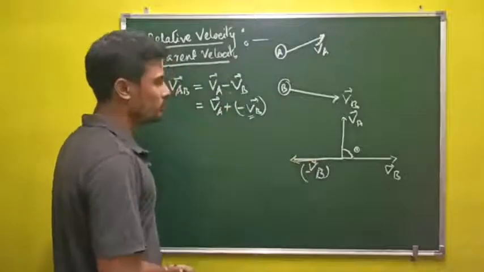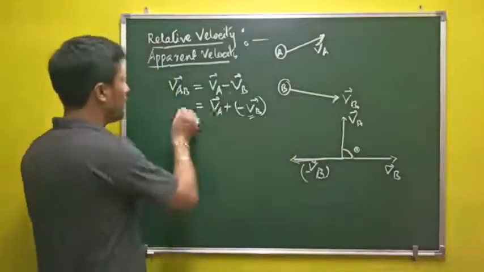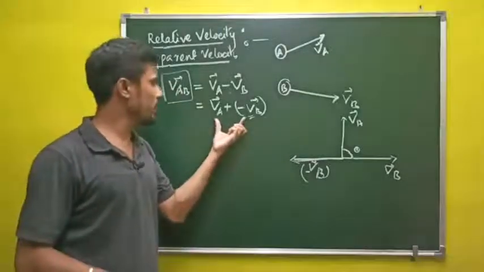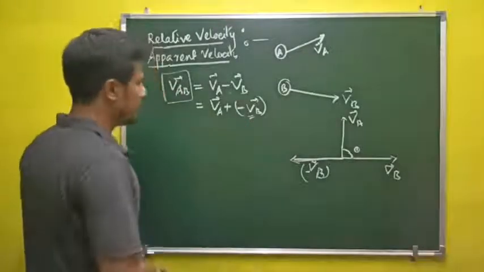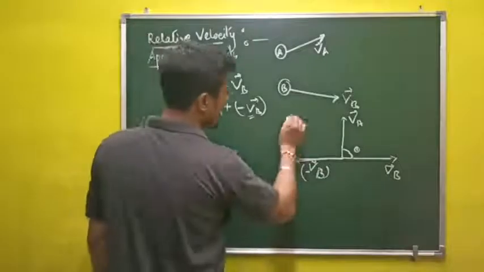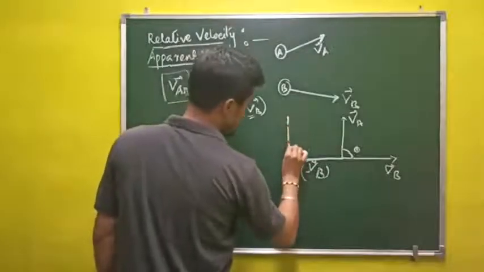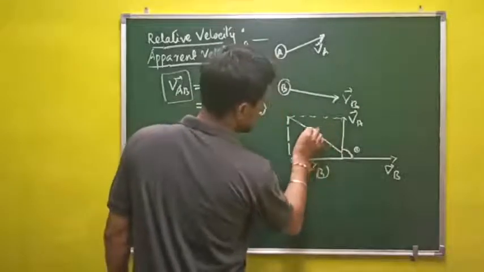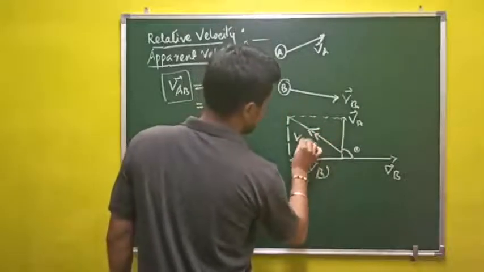Now you can find the resultant vector of these two, VA minus VB vector. This can be obtained by the parallelogram law of vector addition, and the resultant will be in this direction, VAB.